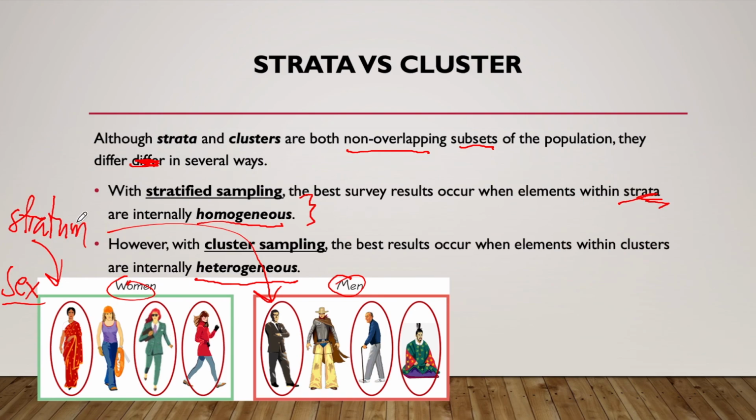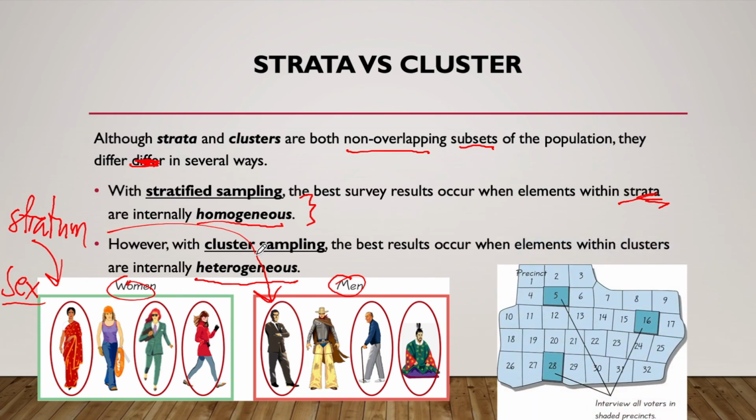So this is the strata, wherein we divide them into homogeneous subgroups. In a cluster, if we are sure that all variables or all characteristics are taken into consideration, that is, they are heterogeneous, we may use cluster.